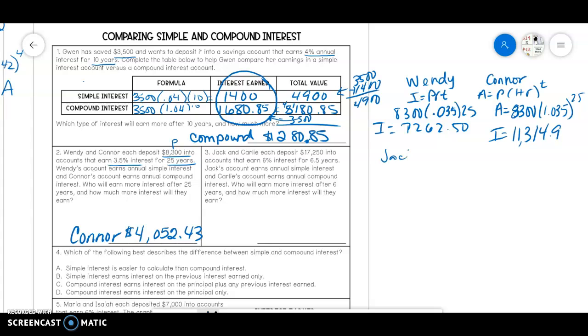Now we have Jack and we have Carly. So again, both are depositing 17,250. They both are earning 6%. Jack is earning simple interest, so 0.06 for 6.5 years. Carly would be 1.06 for 6.5 years.